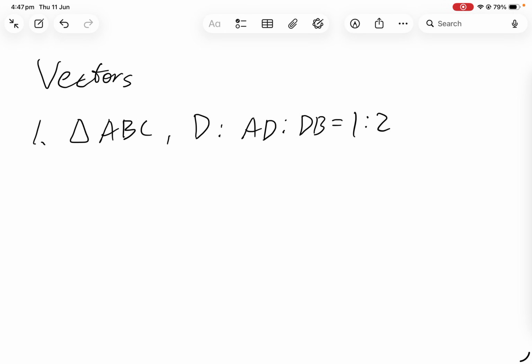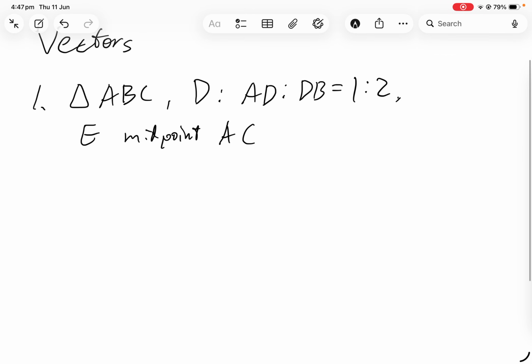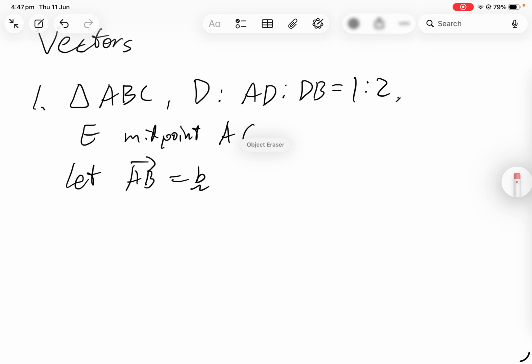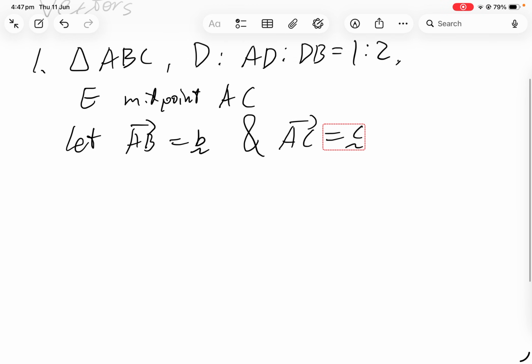And then E is the midpoint of AC. And then let AB equal b and AC equal c.